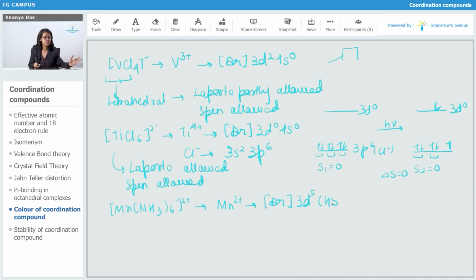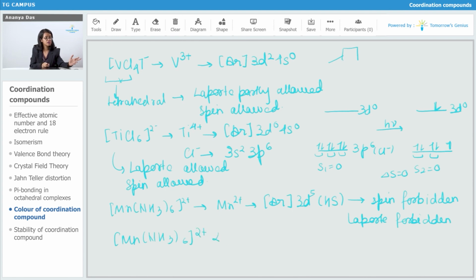We have already seen that d5 high spin is spin forbidden, and because this is an octahedral complex, d-d transition is also forbidden, so it is also Laporte forbidden. On the basis of this, we can say that the color of [Mn(NH3)6]2+ is going to be the least.